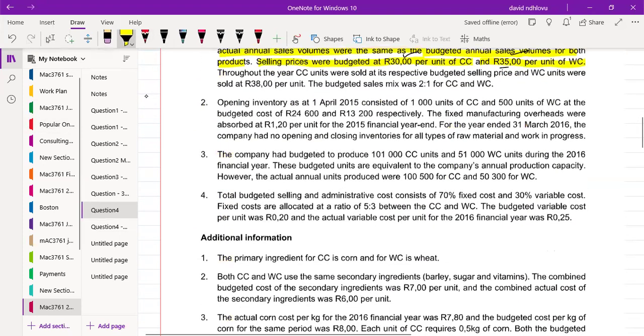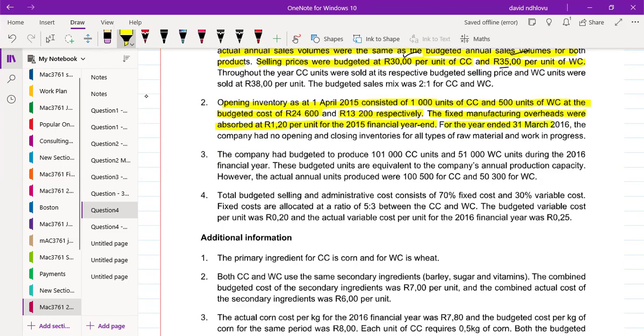Then we are referred to note number 2. Opening inventory on 1 April consisted of 1,000 units of CC and 500 units of WC, budgeted at 24,600 and 13,200 respectively. The fixed manufacturing overheads were absorbed at 1.2 per unit in 2015 financial year.